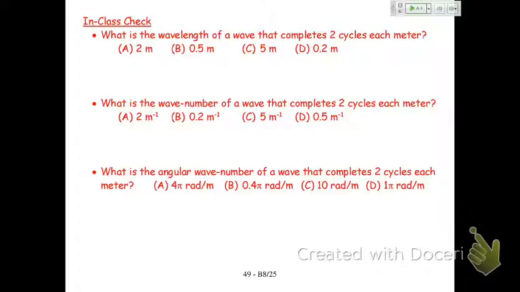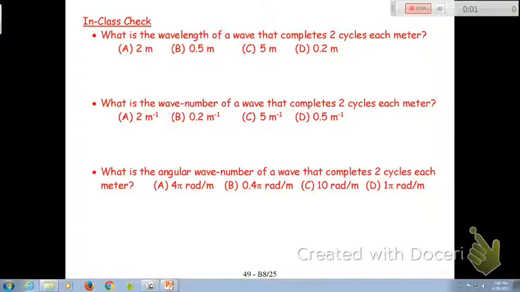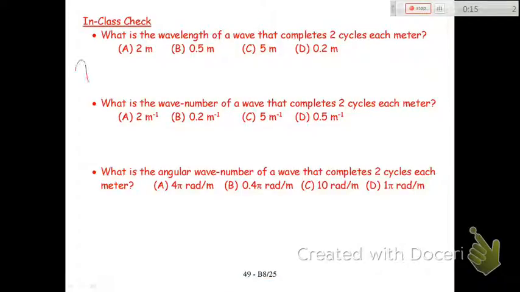So what is the wavelength of a wave that completes 2 cycles each meter? And I want you to click it in. So did you get clickers? When you've got the answer, just click it in and let's see. I would draw a diagram first if I were you. And it's not a position versus time graph.